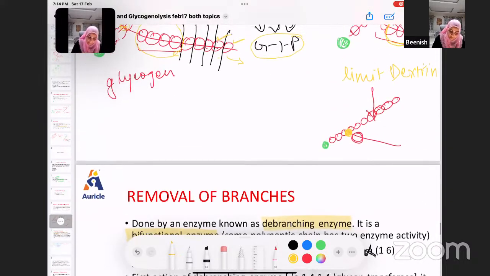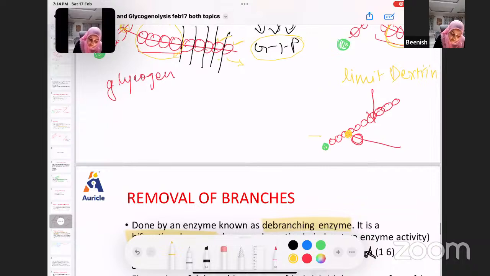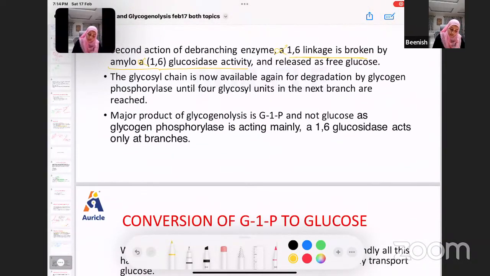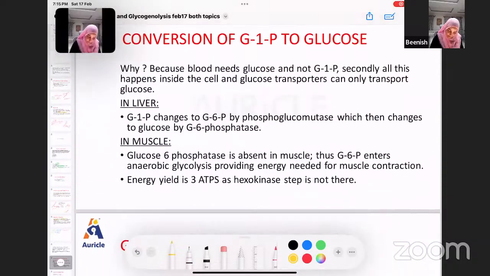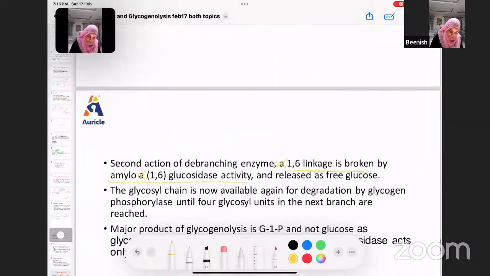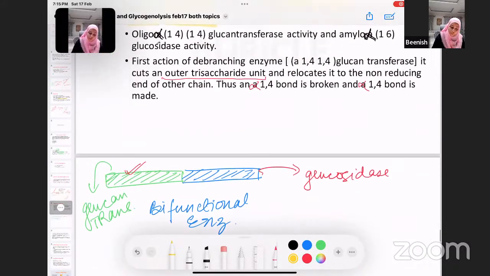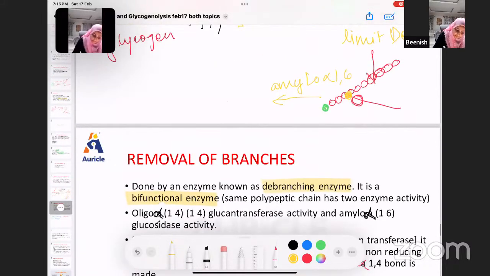Here now this is acted upon by amylo alpha 1,6 glucosidase activity, and this will release your glucose as glucose only.